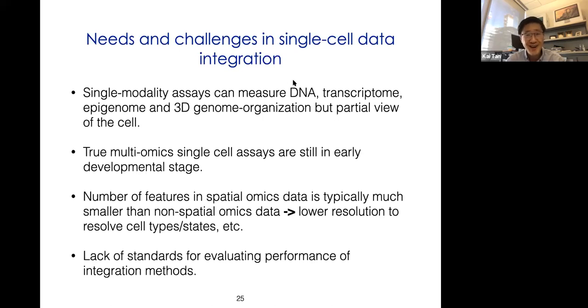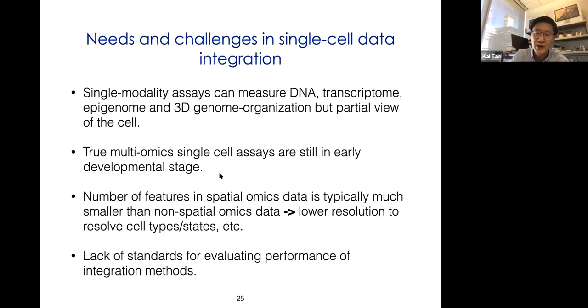We can use those assays to measure different molecular analytes, such as DNA mutation, transcriptome, epigenome, and even 3D genome organization. But all these assays only provide a partial view of the cell. On the other hand, true multi-omics single cell assays are still in the early stage of development.